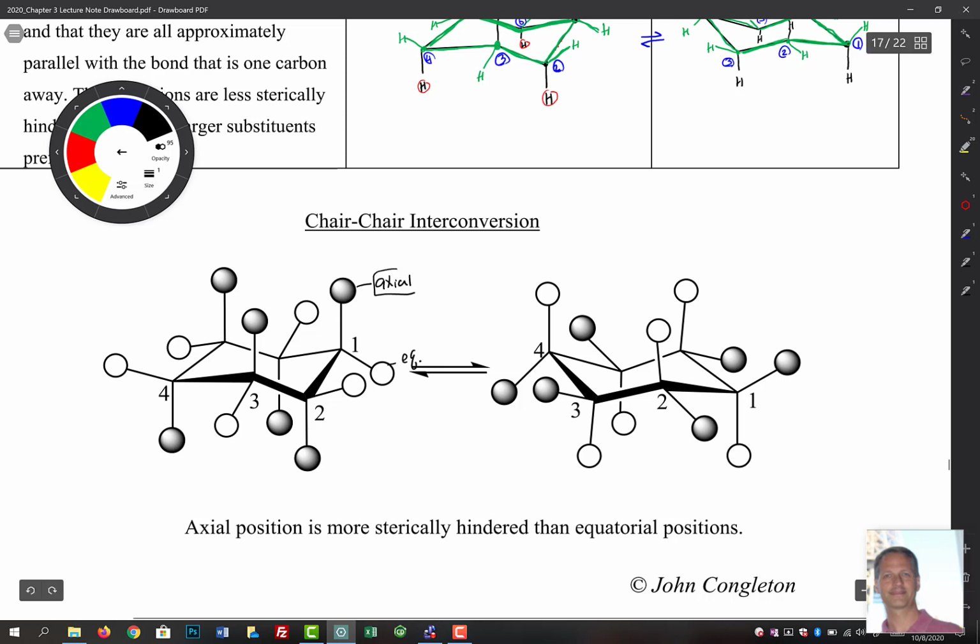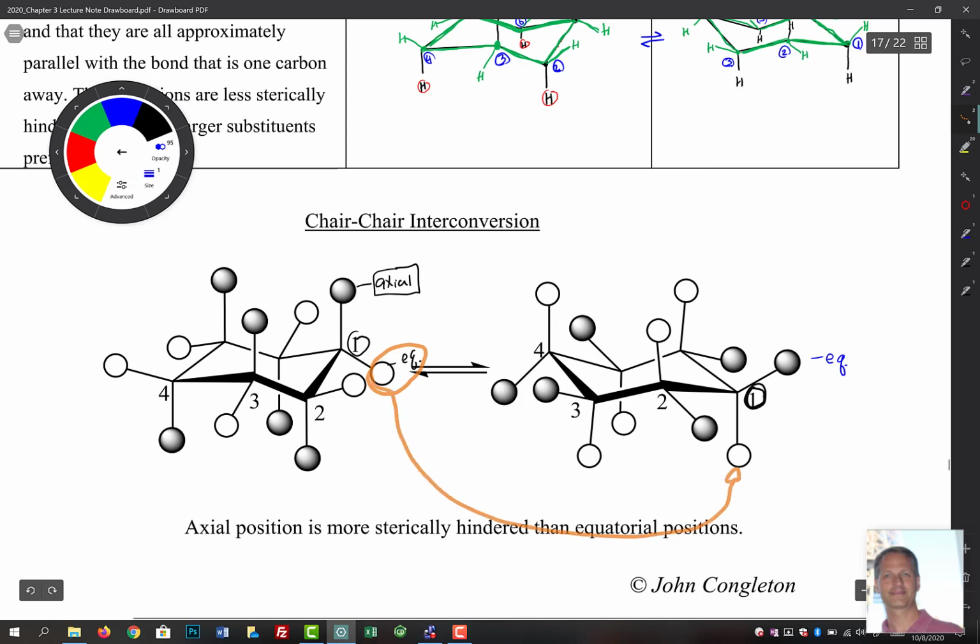Is this axial position, when that number 1 gets pushed down to this position, right? So in other words, when that 1 right here comes down to this position, this axial becomes equatorial. So that becomes equatorial. Notice also that this equatorial here is this atom here.